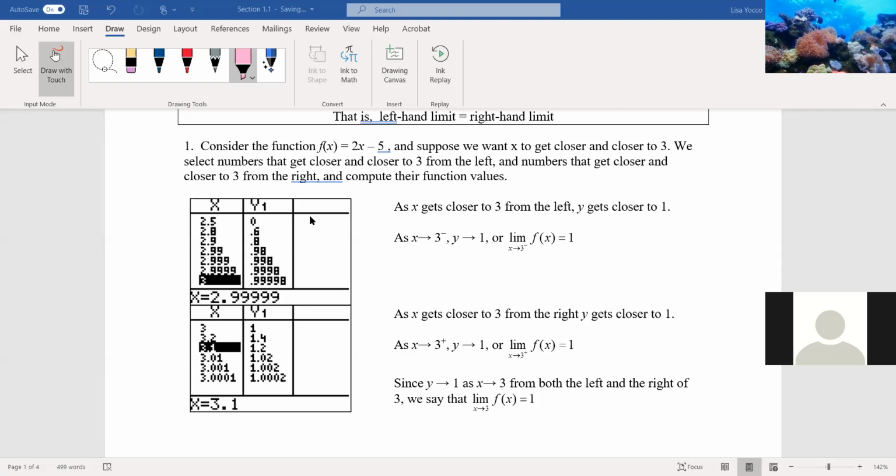All right. And then if you look over at the y column, those are the function values in the y column. Those values appear to get closer and closer to 1. So a couple ways we can say that in words. As x gets closer to 3 from the left, y gets closer to 1.